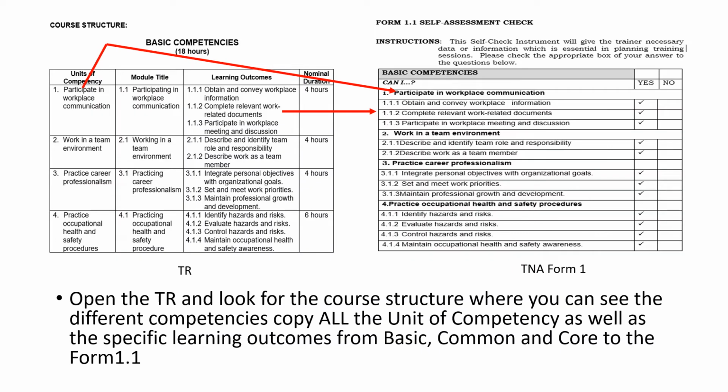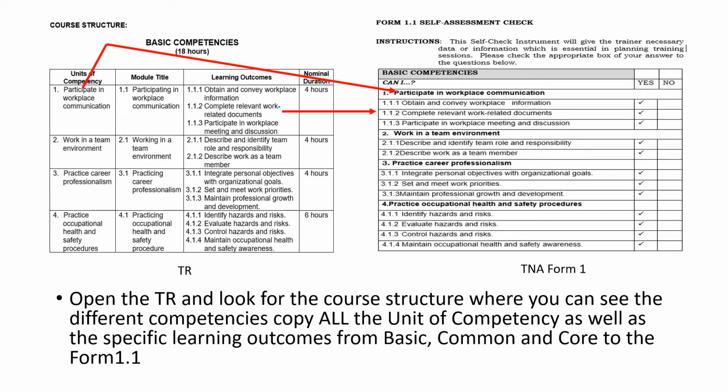You will notice on the left side, this is the training regulation, and on the right side is the TNA Form 1. I added some arrows as a guide to where to locate the data in the TR and which part of the TNA Form 1, or the self-assessment checklist, you will transfer the specifications or data coming from your TR to.